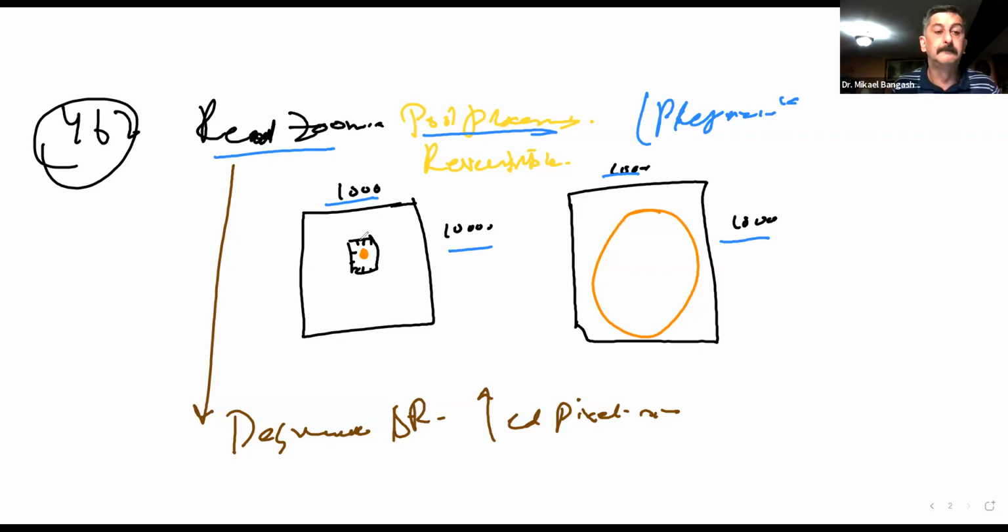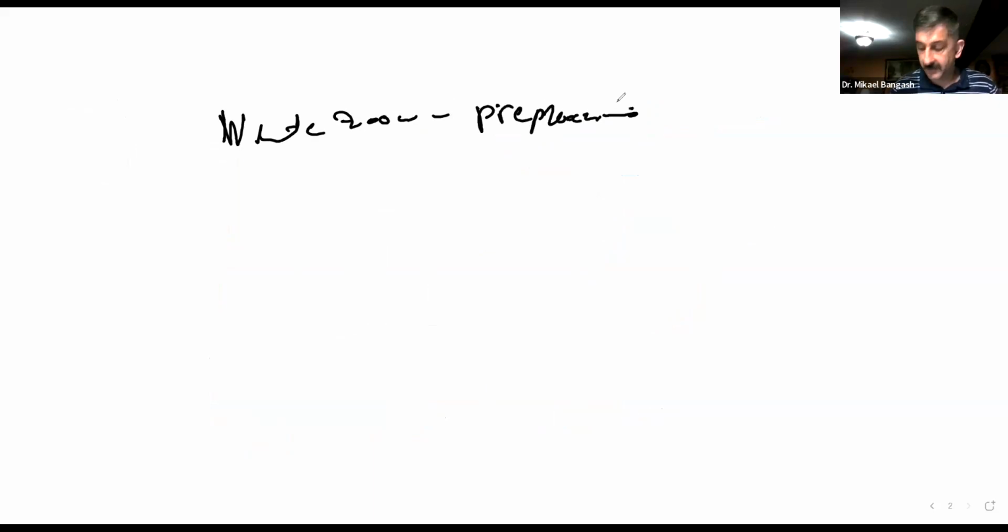If that makes sense. Now it's pretty much the same thing that they ask in the following question, but about write zoom or write magnification. And we already know that this is an example of pre-processing.